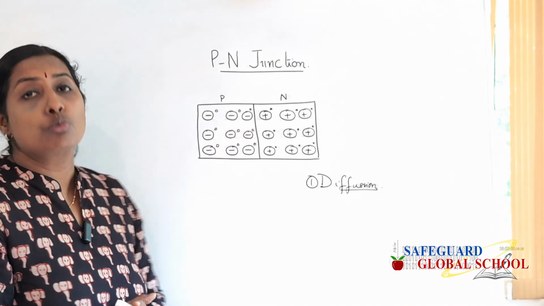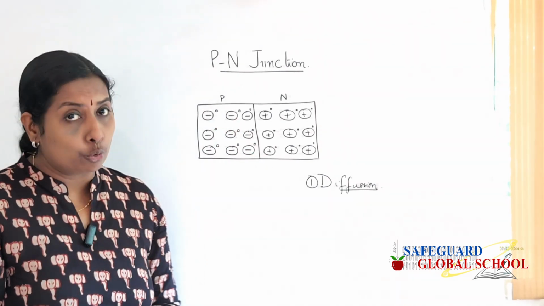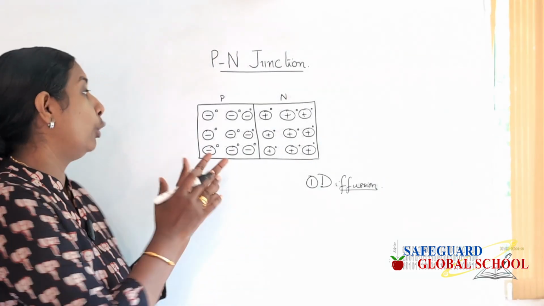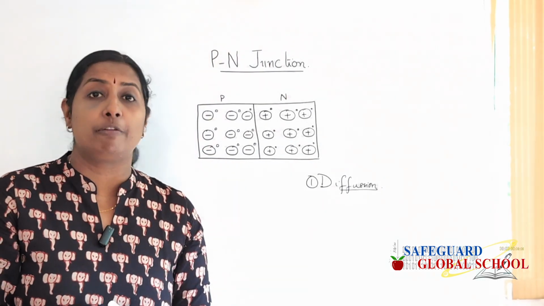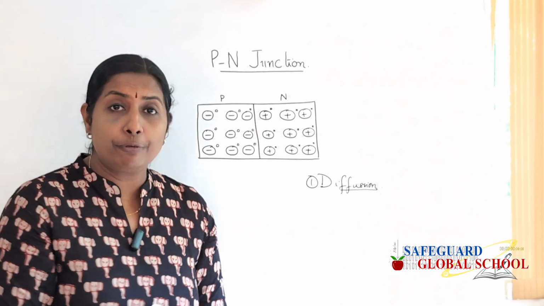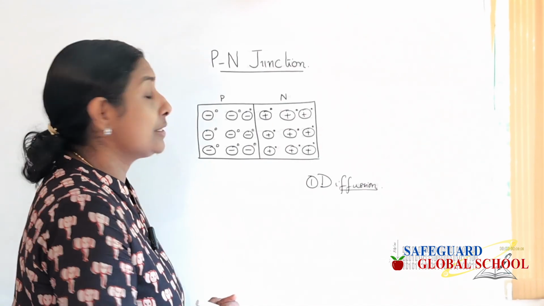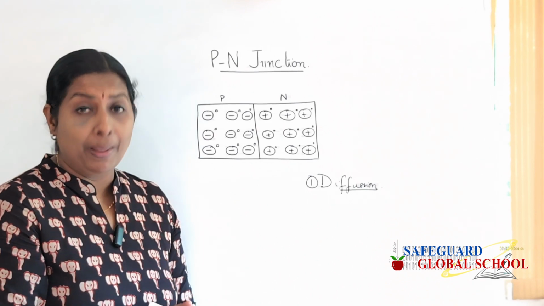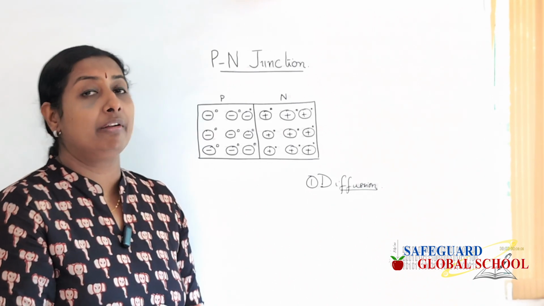This process is what is meant by diffusion. So the first process that is going to happen during the formation of a PN junction is diffusion. Once again, what is diffusion, children? Diffusion is the movement of majority carriers across the junction according to the concentration difference.